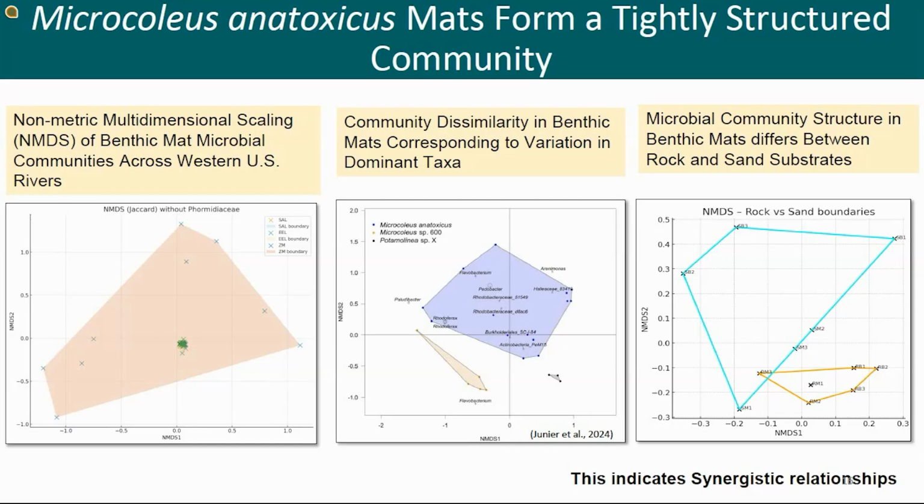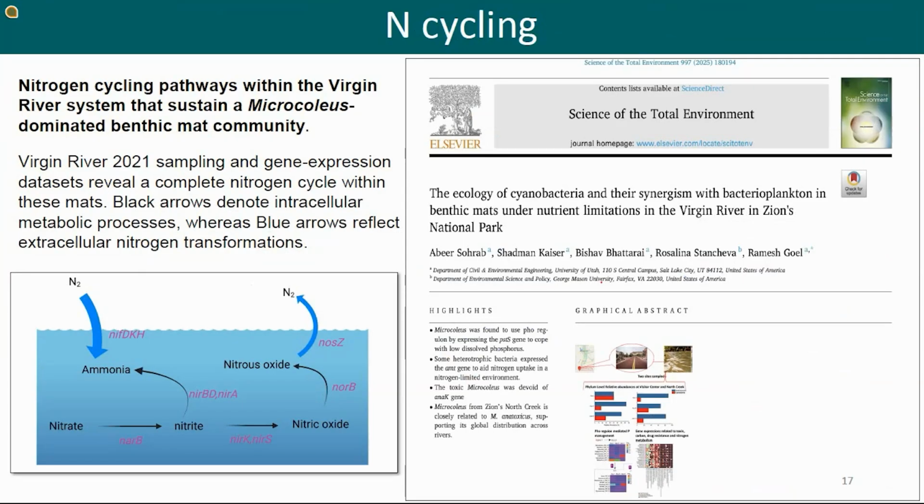Now we will look into what relationships this might have, and this is our research which just got published in Science of the Total Environment, which talks about how these mats acquire nitrogen. So we see that nitrogen was getting assimilated in Microcoelius mats through assimilation pathways.